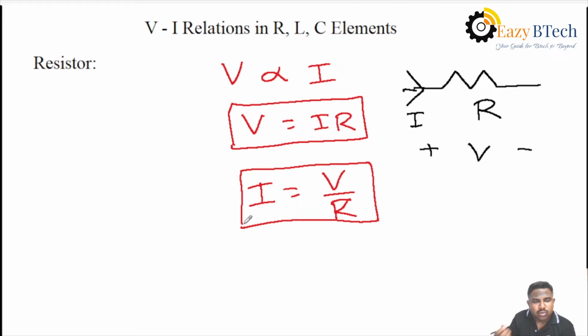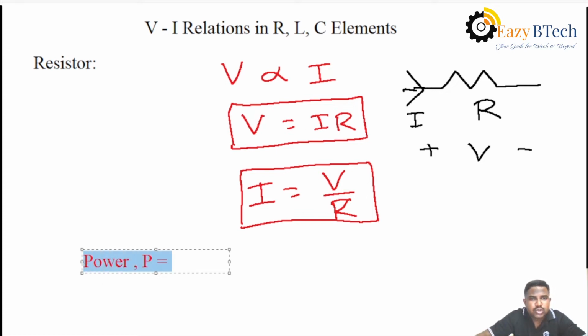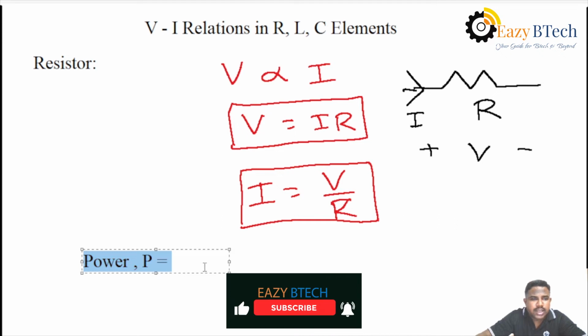If we know the voltage value and current value, then we can simply find out the power loss across the element. The power is denoted by capital letter P, which is the power loss in the element.